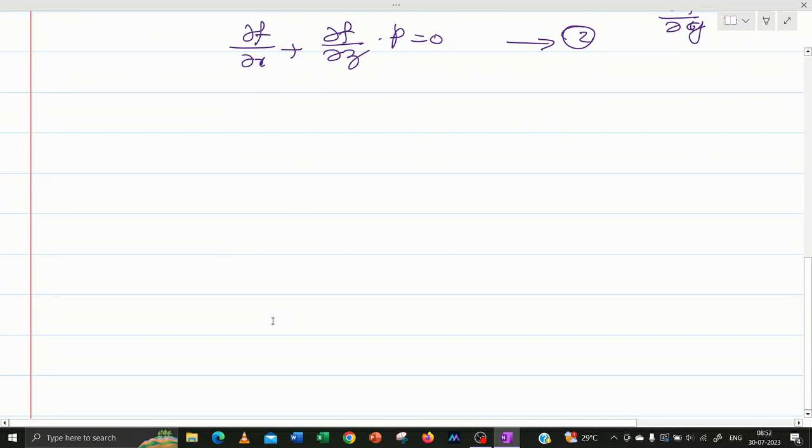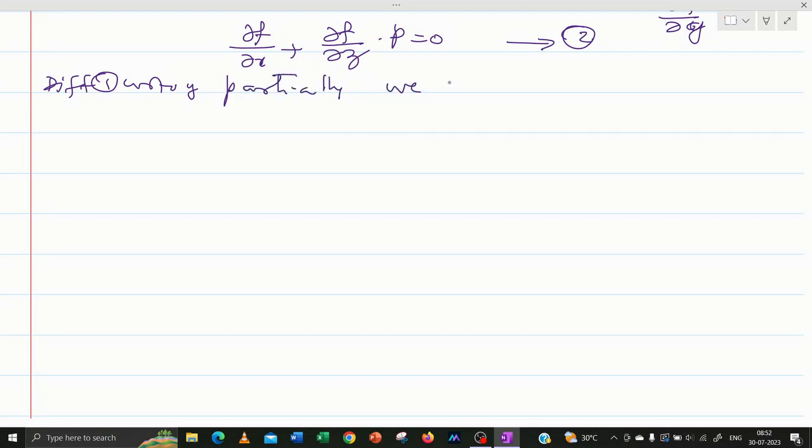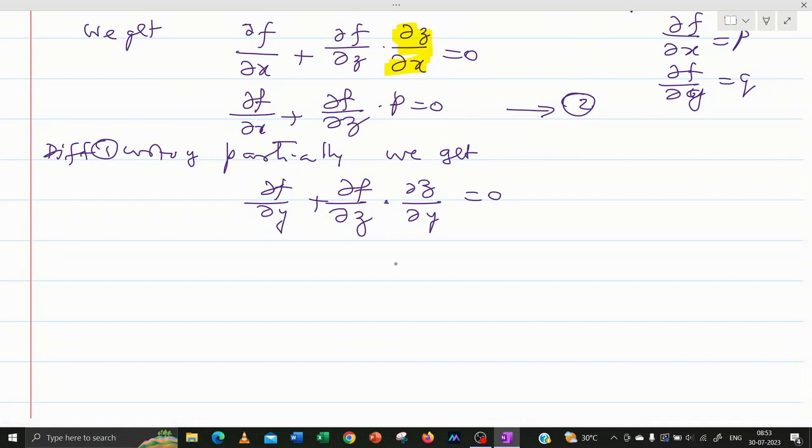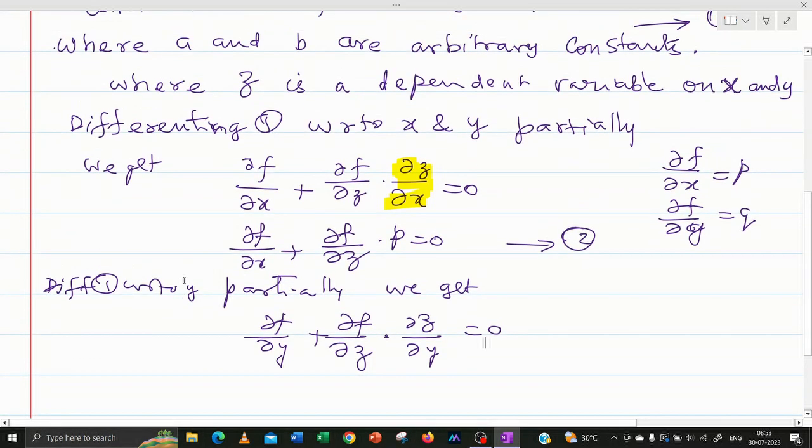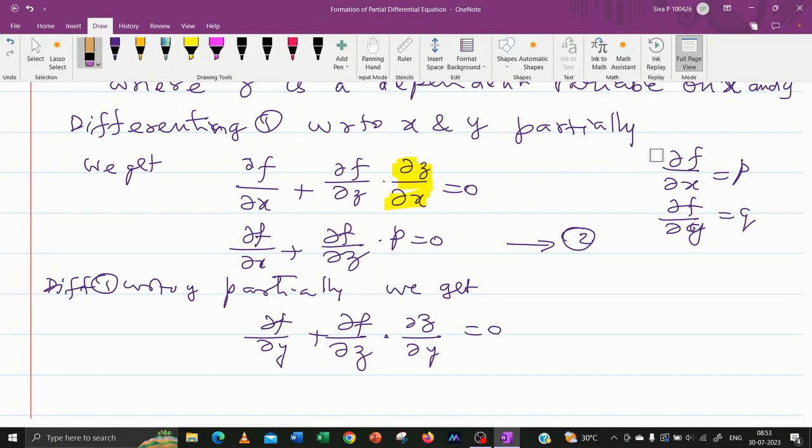Similarly, if you differentiate one with respect to y partially, first you differentiate f with respect to y, and then, as in the previous step, dou z by dou y.